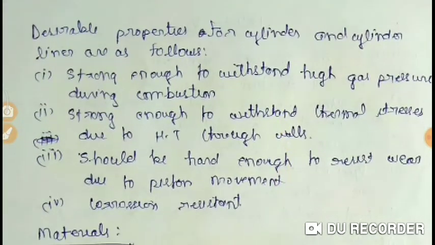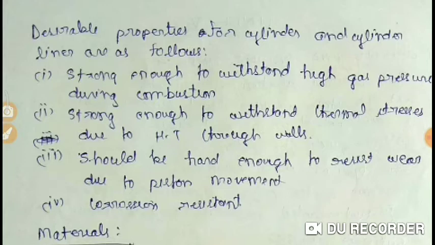Now, the desirable properties for cylinder and cylinder liners are as follows. The cylinder and cylinder liner must be of sufficient strength because they are bearing the gas pressure. That means the gas that is burning inside the engine produces high pressures as well as heat.